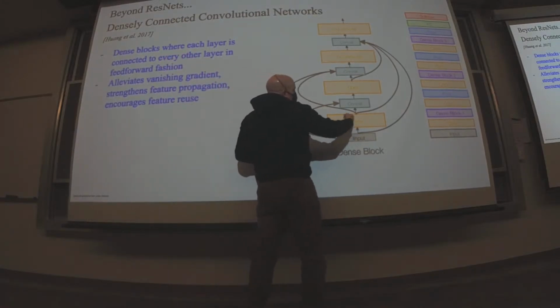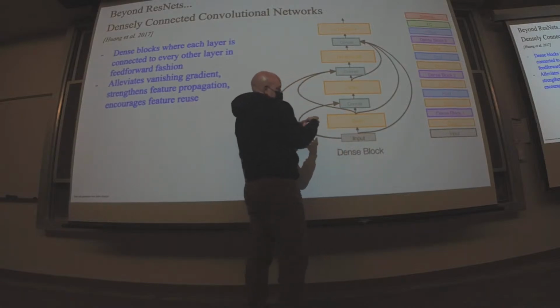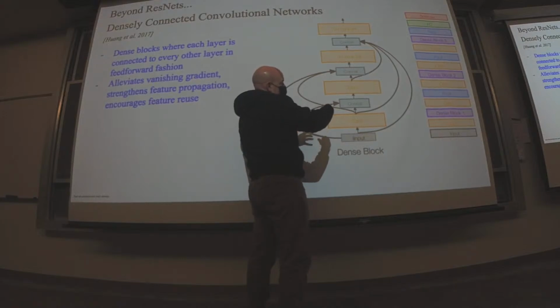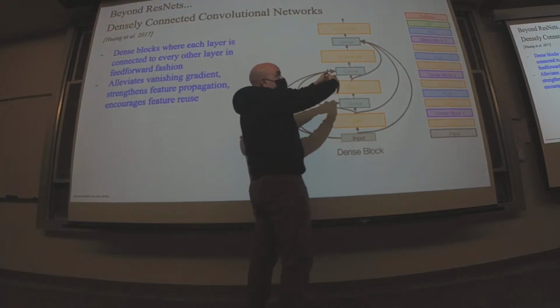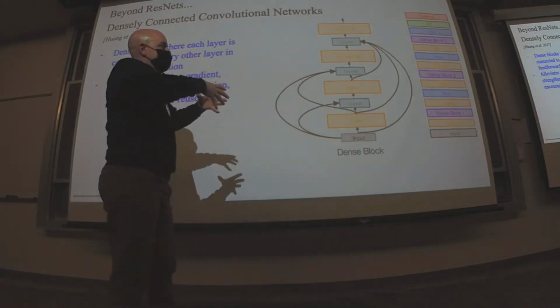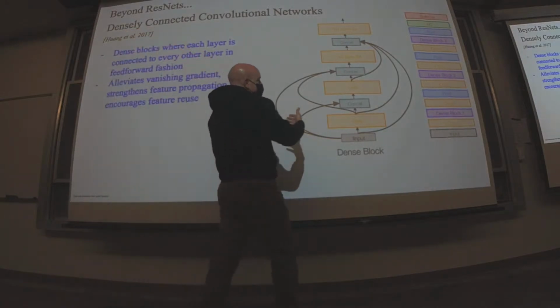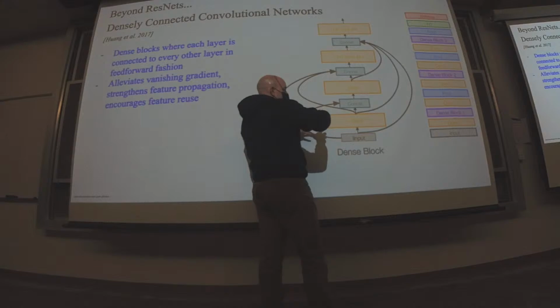Every time you run one of these convolutions, you're doing a 3 by 3 convolution here, and you're changing the scale on which the feature map works. Think about how we talk about receptive fields: you're making the receptive fields a lot larger. So it's changing the scale on which the features are working.